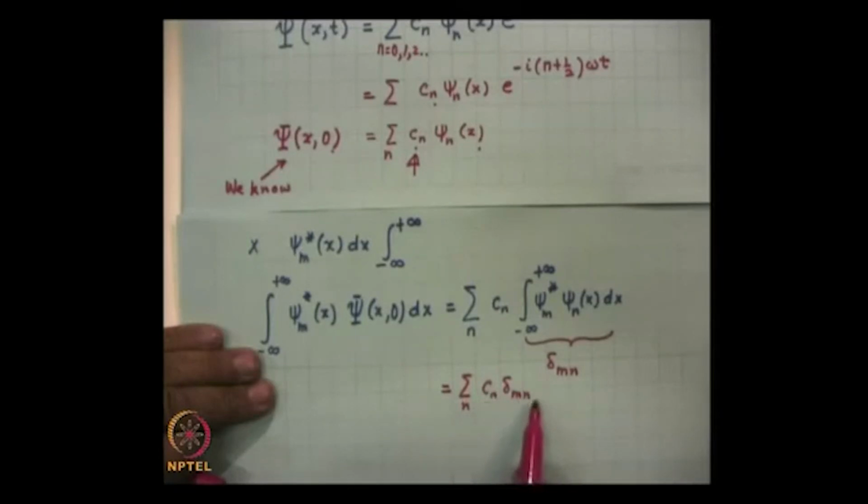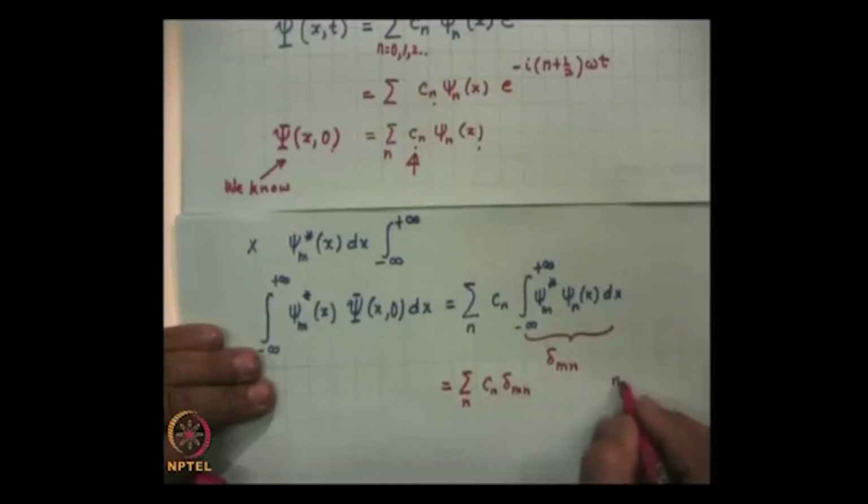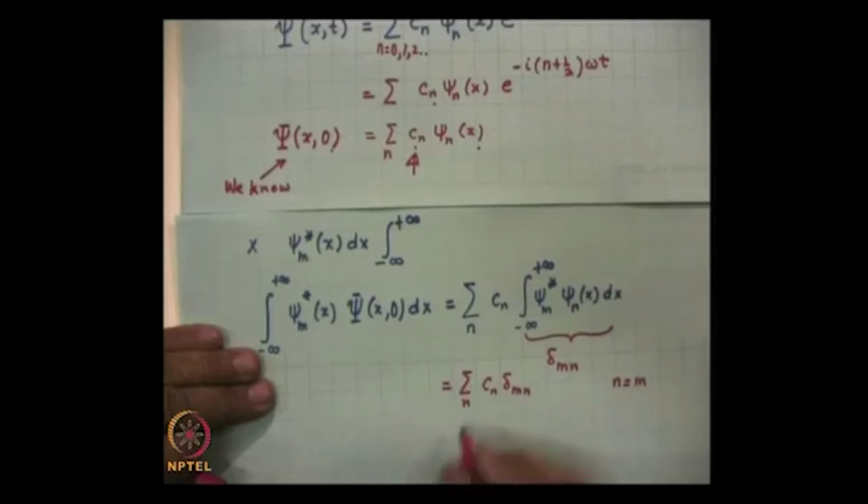So, in this series only the n equal to m term will survive and all the other terms will be 0. So, this will be equal to C m.